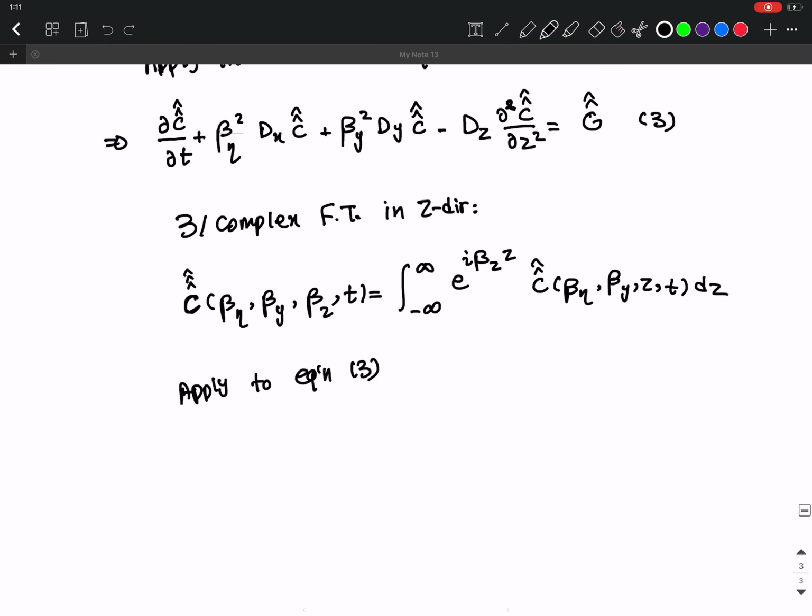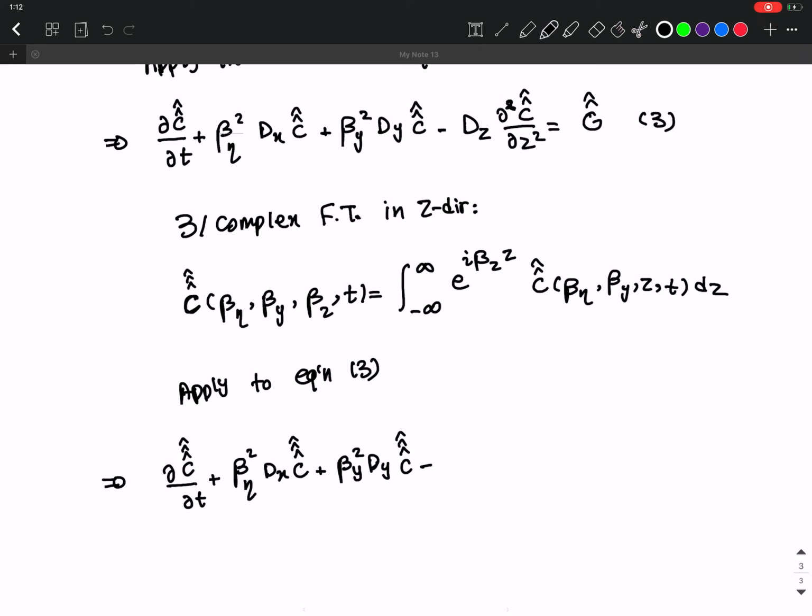So let's do that, and we are going to get partial c triple hat over partial t plus beta eta square dx c triple hat plus, again, beta y square dy, which comes out because it's not a function of z, times c triple hat.